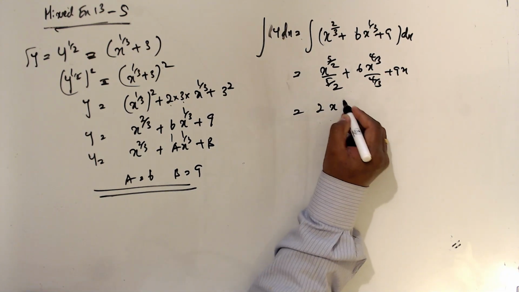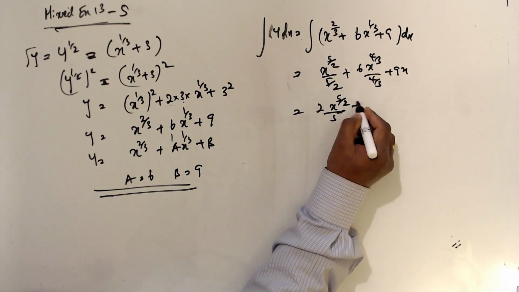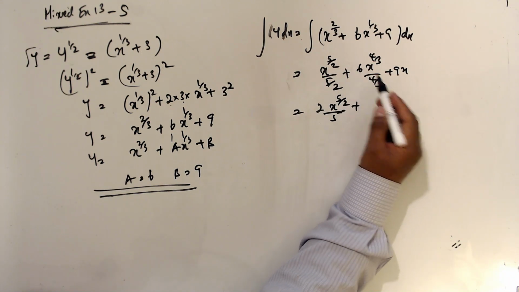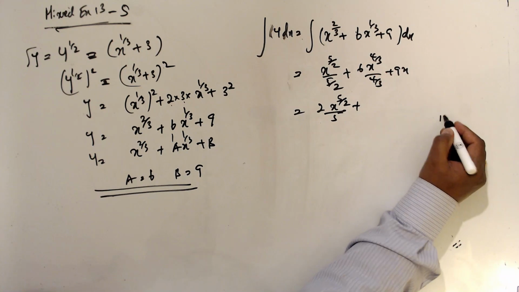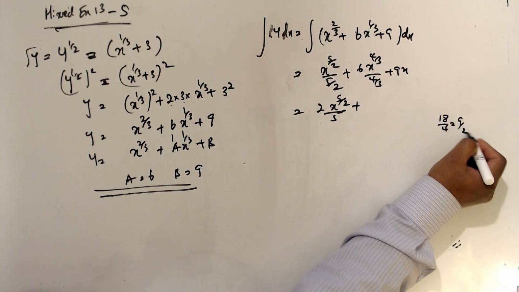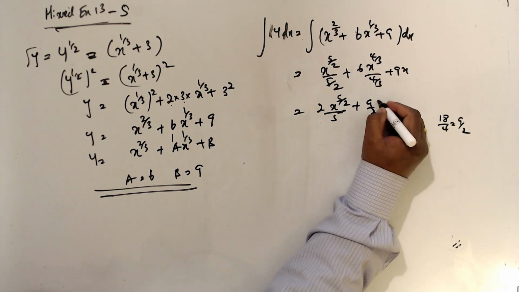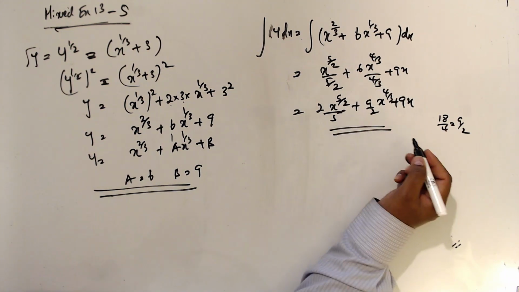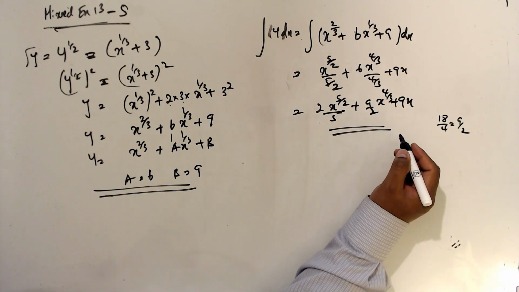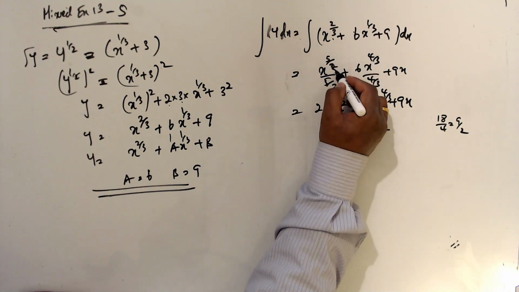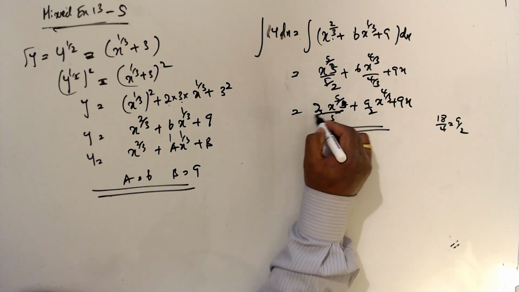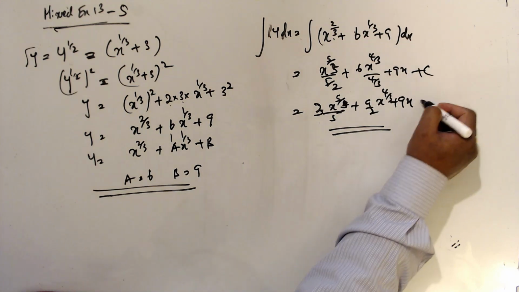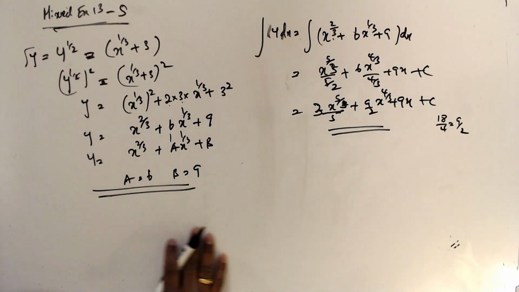So 3x^(5/3) over 5, plus this is going to be 3 times 6, 18 over 4, which is 9 over 2, x^(4/3), plus 9x. I think this is 3, then this has to be 3. This is 3 and this one is 3. And plus c is missing. When you integrate, we have to put plus c.